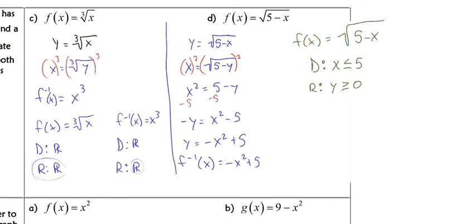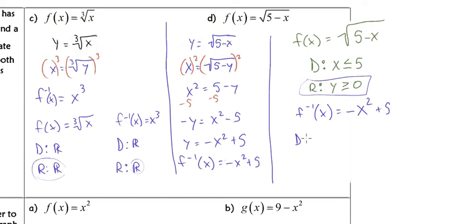As we come over to the inverse, f inverse of x, negative x squared plus 5, my domain here is what my output was on my previous function. So my domain is going to be that x is greater than or equal to 0. And my range, I could cheat a little bit and see how my range would be the same as my x value, but let's think through this for a second.